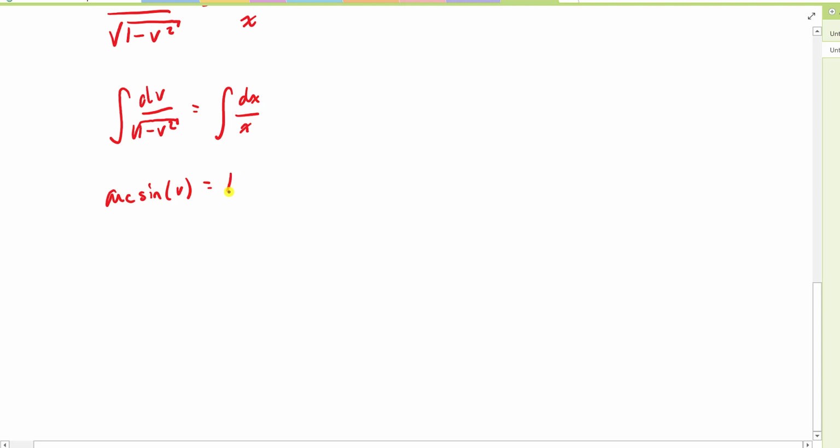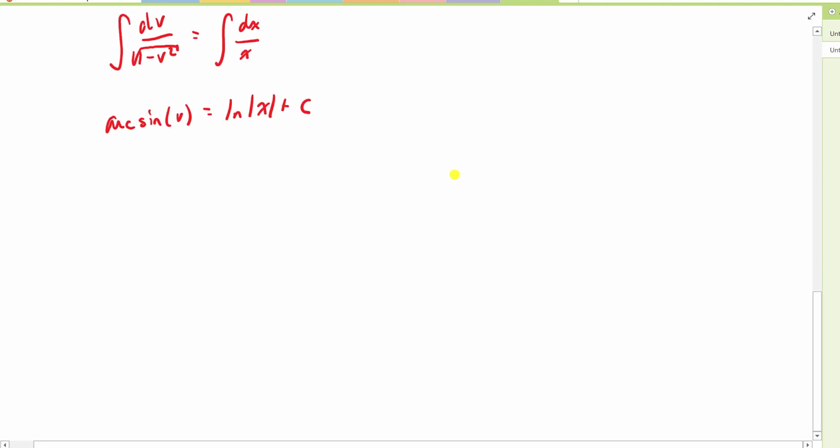And that's equal to the natural log of the absolute value of x plus c. We assume, though, that x was positive, so we don't need to worry about those absolute values. If we take the sine of both sides of this equation, we're going to get that v is equal to the sine of the natural log of x plus c.